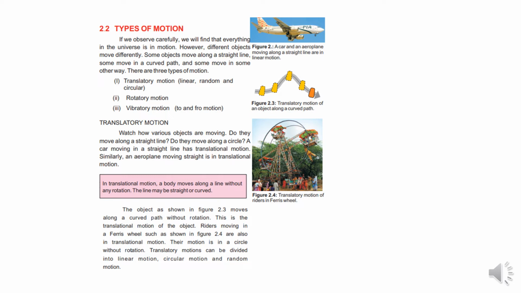Riders move in a Ferris wheel such as shown in figure 2.4. You have seen everywhere in your locality that the kids are riding in this Ferris wheel. Their motion is in a circle without rotation. Translatory motion can be divided into linear motion, circular motion and random motion.